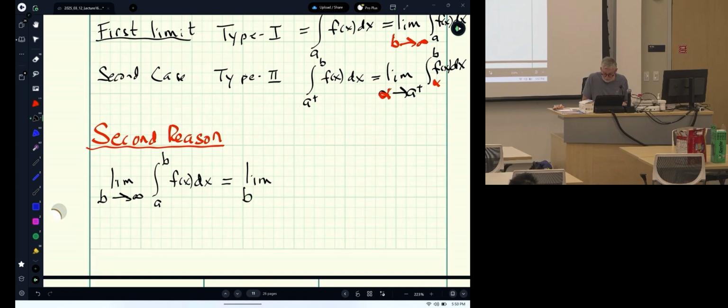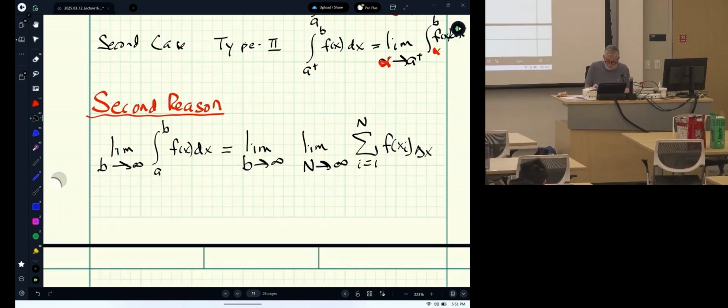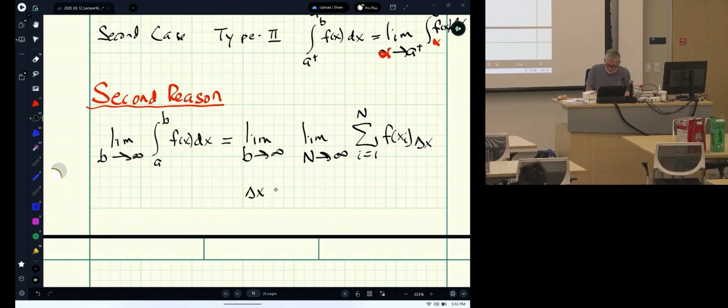Yeah, that's the limit as b goes to infinity. But the inside one is the limit as, say, the number of intervals goes to infinity. The sum i equals 1 to capital N of f of x sub i delta x, with delta x equal to b minus a over capital N.